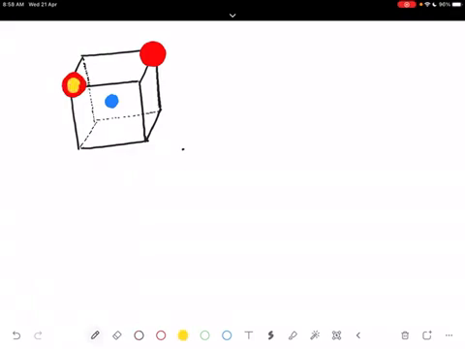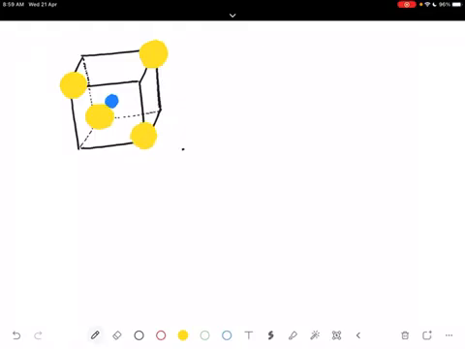I'll mark it with yellow because we were using yellow. Diagonally opposite corners. And down here, one yellow ball, and here one ball.